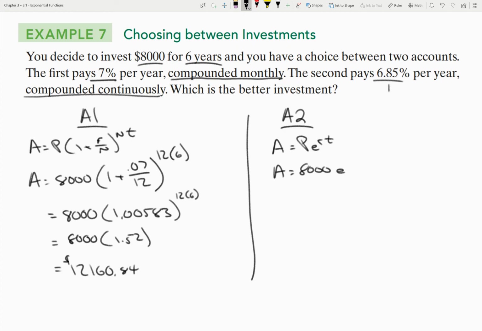Change the percent to a decimal: 0.0685 times 6. Make sure we know how to do this on our calculator, and this gives us $12,066.60, which makes the first account more money. Compounded less often, but still gives us a greater return in the end.